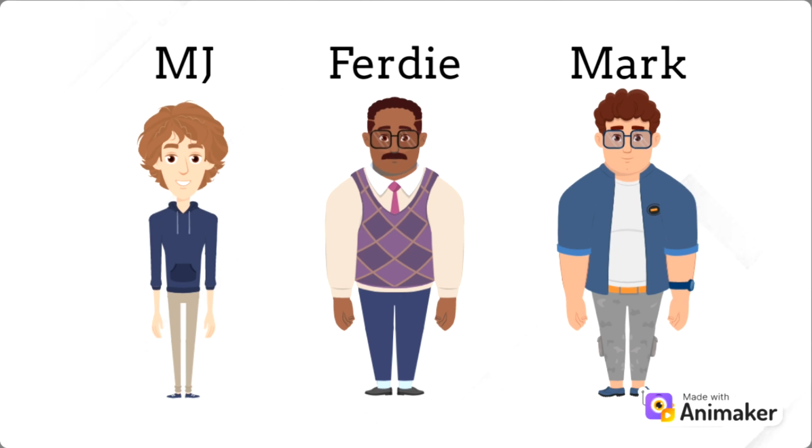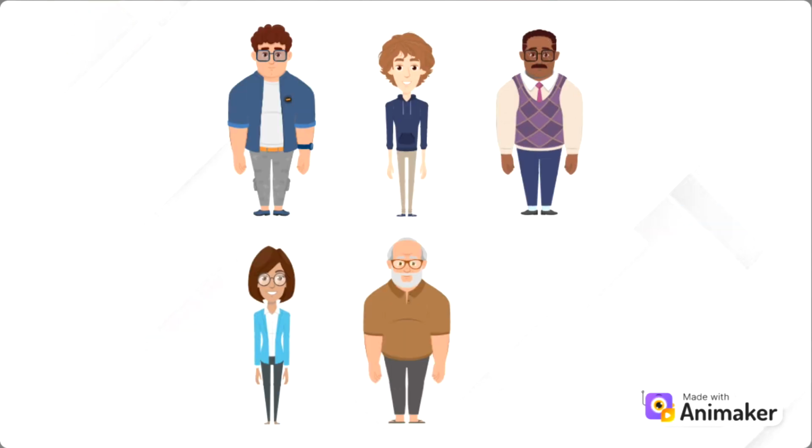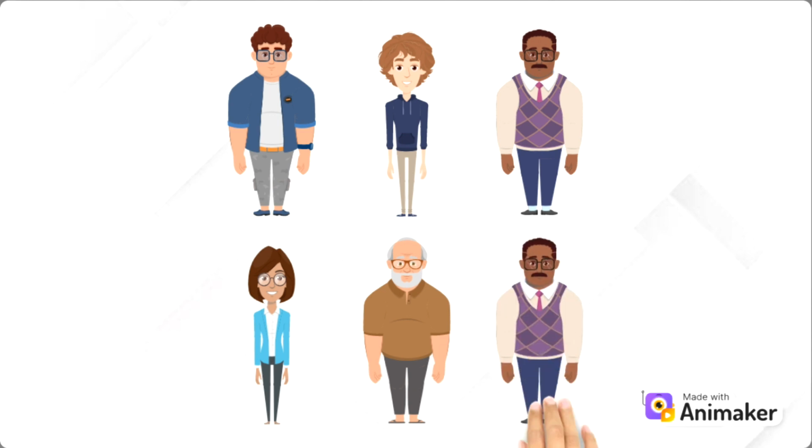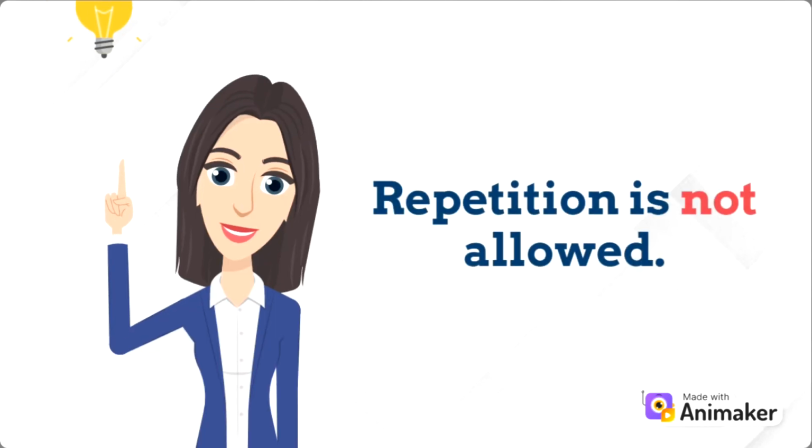Therefore, order is not important. So, we're dealing with combinations. In addition, once we have selected a person, we can't select them again since they are already in the group. Therefore, repetition is not allowed.